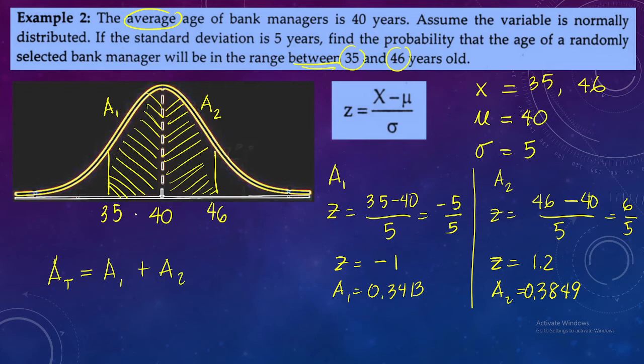Just like what I said a while ago, I'll be adding area 1 and area 2 to get the total area. So area 1 is simply 0.3413 and area 2 is 0.3849.